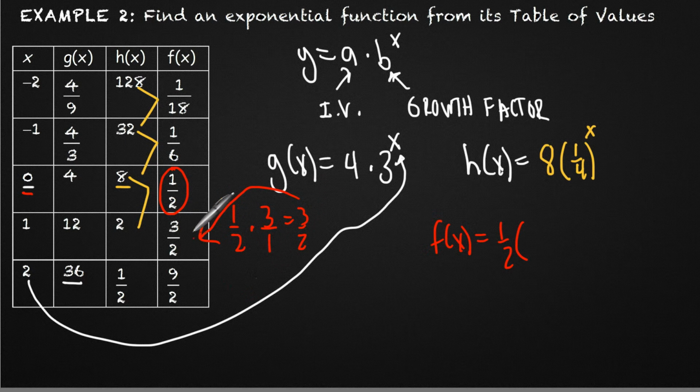So times 3. Oh, you don't trust it? Okay, let's try it for 3 halves. Times 3 over 1, 3 times 3, top times top is 9, bottom times bottom is 2, bingo. All right, so my growth rate is 3. And there you have it.